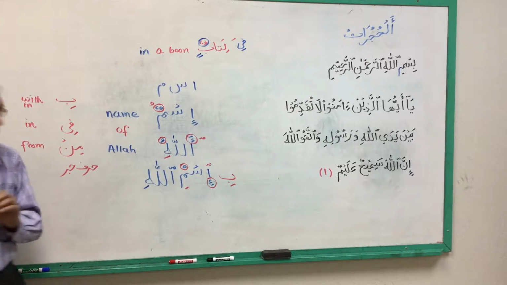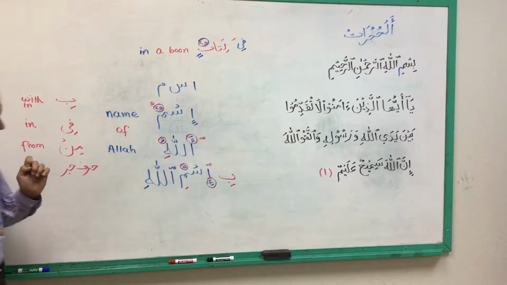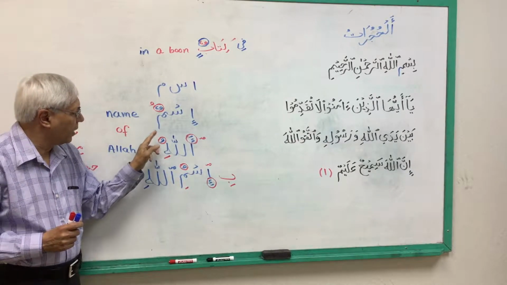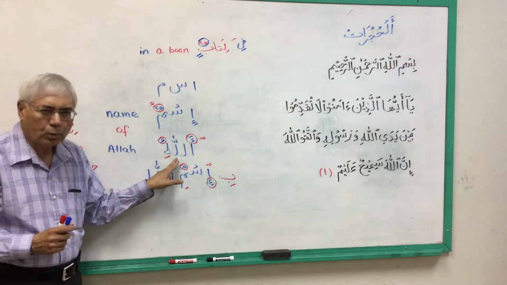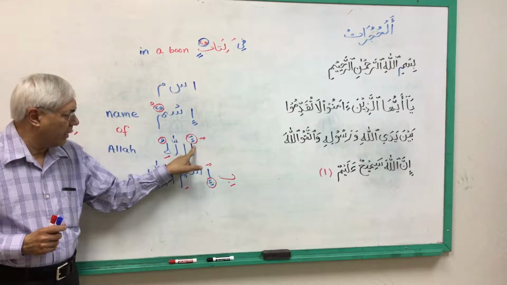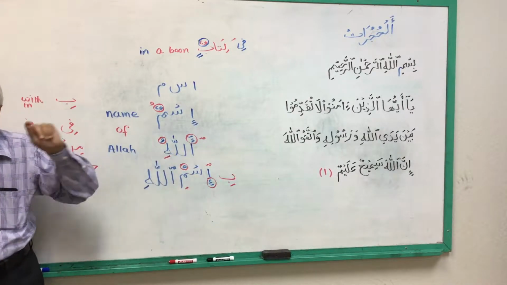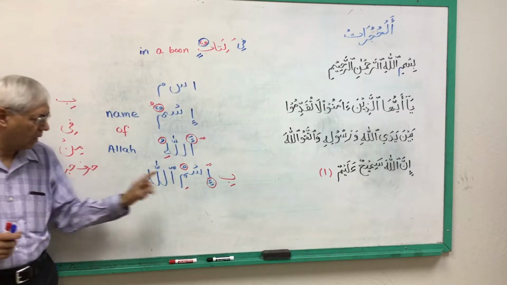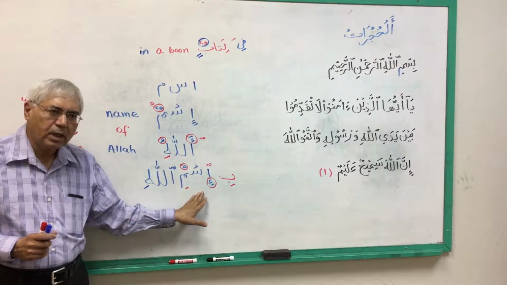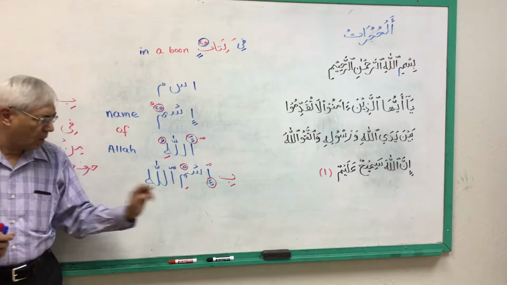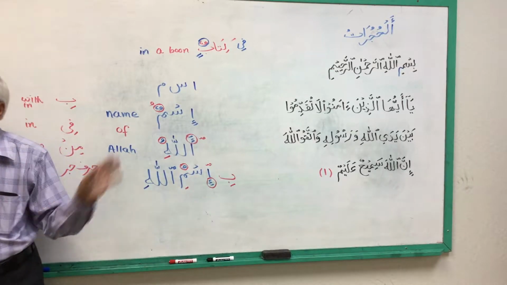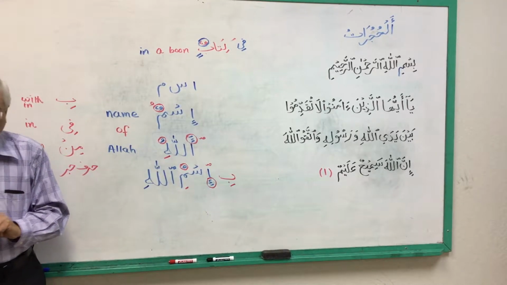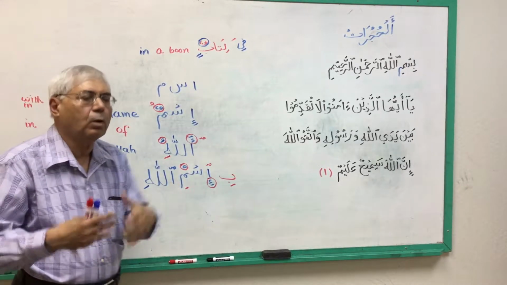Now, notice one other thing: when we combine these two, and there was an alif here, we changed the alif into a small sawd. In this case, this is the only place where this alif is completely not written in the Arabic script.